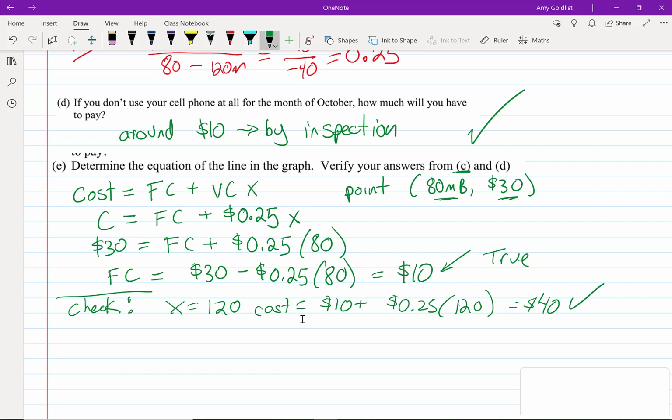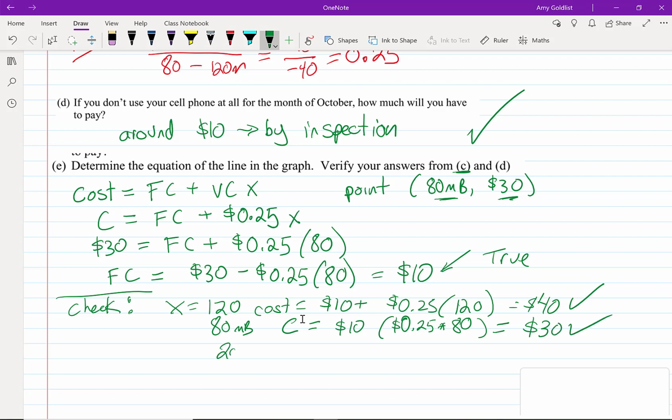Correct. Now let's put in X equals 80 megabytes. Now our cost is going to be $10 plus 25 cents times 80. And that is $30, just like we want it to.